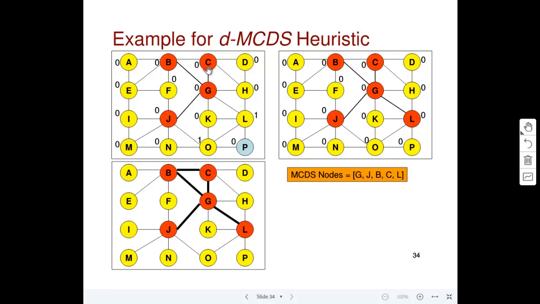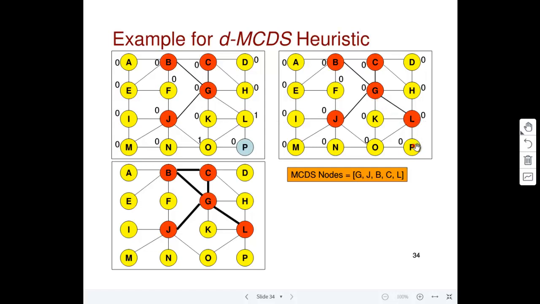So again, by picking C, it's only covering D. So the numbers will not have changed for the other vertices because they do not have any edge to C or D. Alright, so now we again break the tie in favor of the lower label, which is L. So when we pick L, it covers P. L is again already covered, so it means it has an edge to at least one node that is part of the dominating set, in this case G.